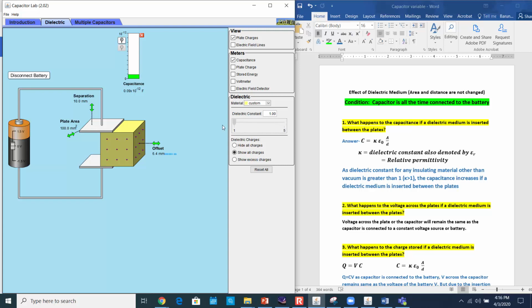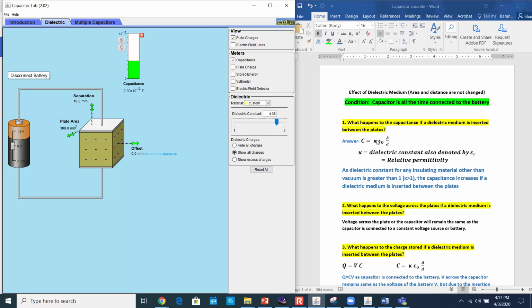With the 1, which is air, let me insert fully. With the air it is 0.09. Now if I increase the dielectric constant, the capacitance increases. So that means with any medium between the plates, the capacitance goes up.